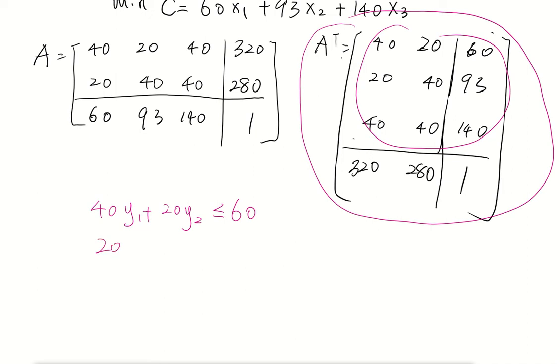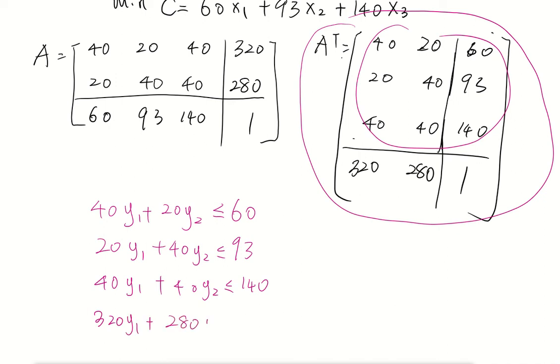Second one, 20y1 plus 40y2 is less than or equal to 93. And the last row we'll write it as 320y1 plus 280y2 equals p. And we're looking for the maximum of p.